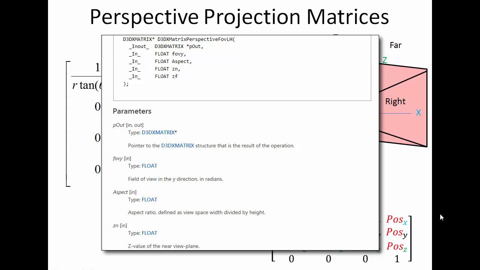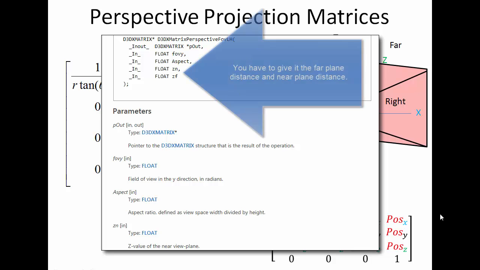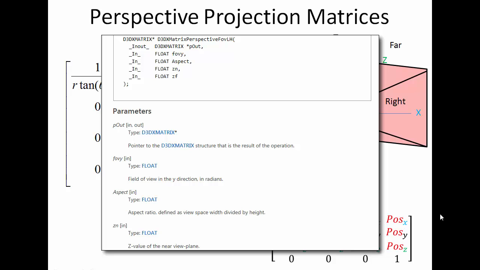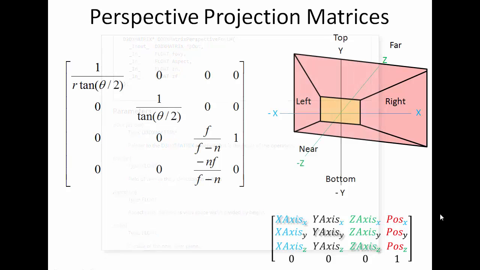You'll have to give it the angle for the field of view, which is generally going to be about 50 degrees, and the aspect ratio of the screen. I think there's another parameter that you have to supply, but you just set that up once at the beginning of your program, and you don't change it. You just leave it, and that's going to project your 3D mathematical world onto the 2D computer screen. So the projection matrix is very different than the world and the view matrix.